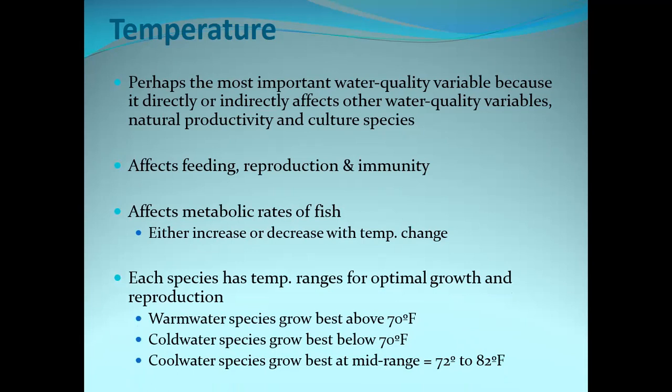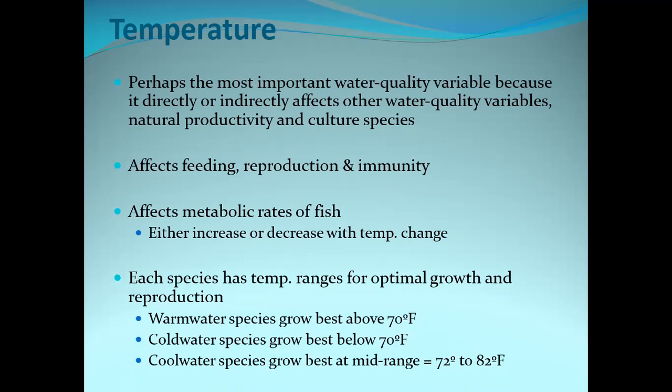Each species has temperature ranges for optimal growth and reproduction. So warm water species grow best above 70 degrees Fahrenheit. Cold water species grow best below 70 degrees Fahrenheit. And cool water species grow best at mid-range, anywhere between 72 to 82 degrees Fahrenheit.